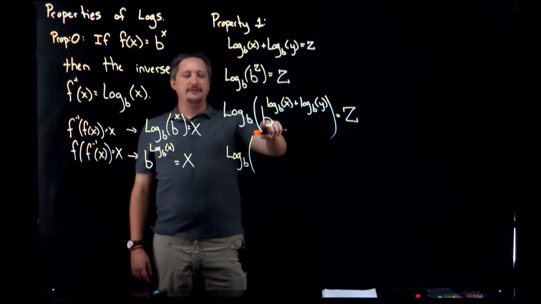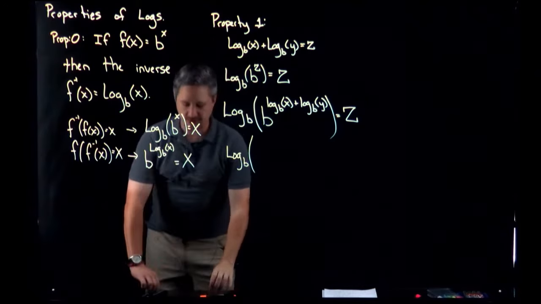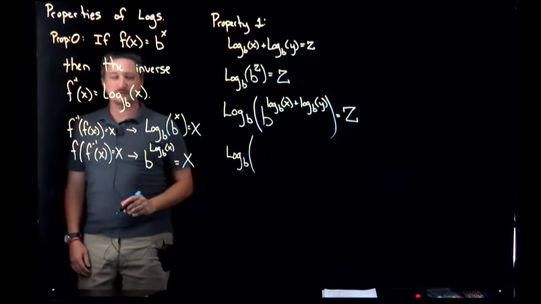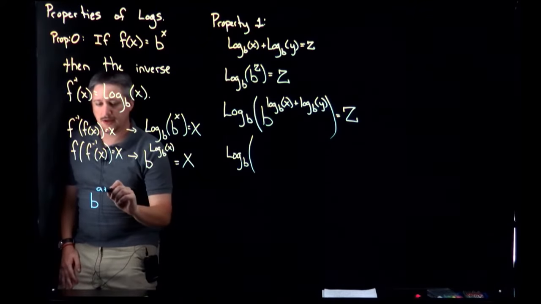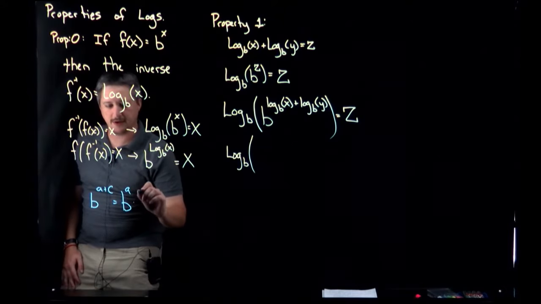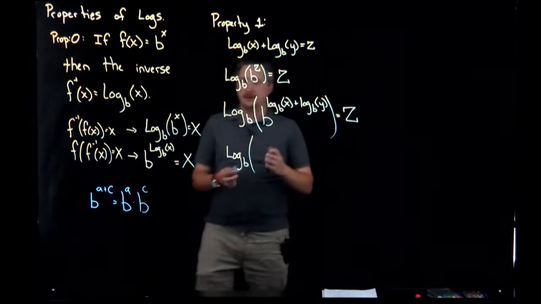But here, I have an exponent with a thing plus a thing, right? So I'm going to remind you, or note down here, that if I have some b to the a plus c, this is the same as b to the a times b to the c. This is one of those rules of exponents, right?